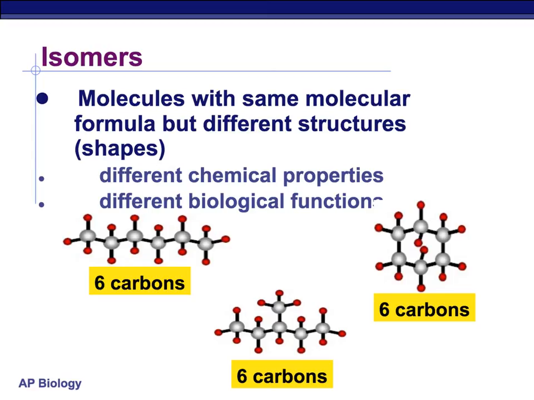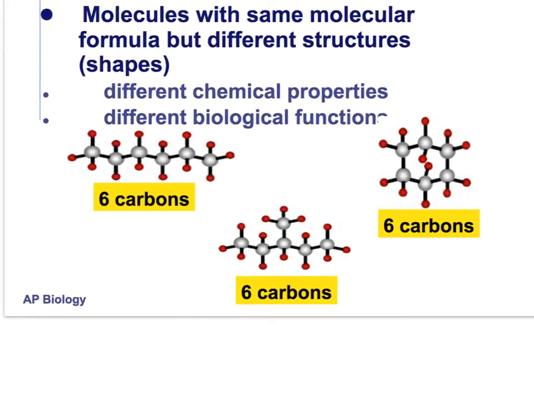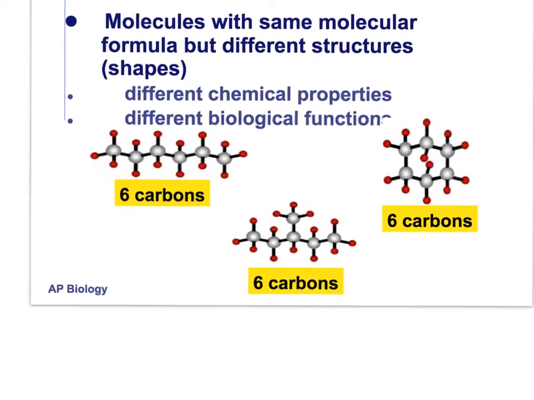So this brings us to this idea of isomers, molecules with the same formula but different shapes. Remember, shape dictates function, so different shape, different function. A great example are going to be your monosaccharides.